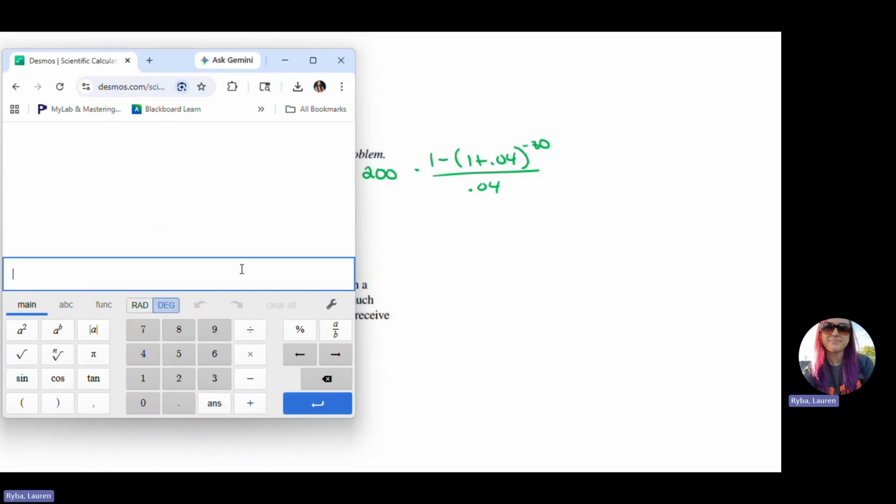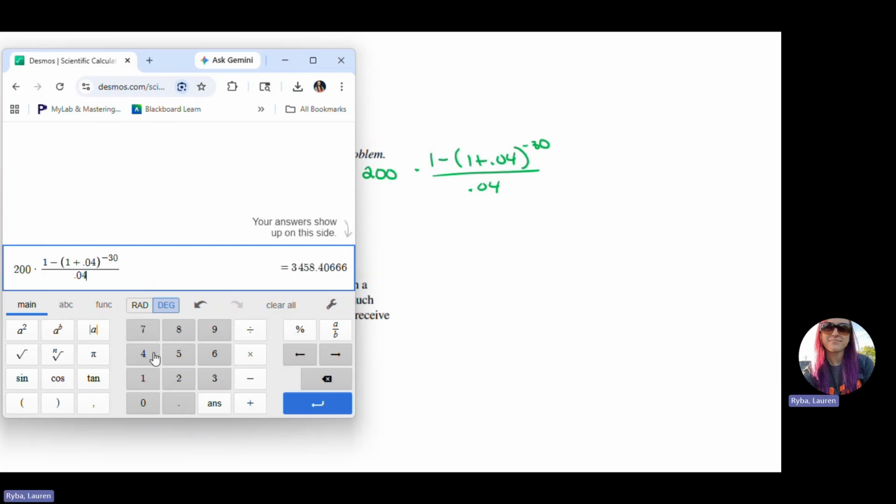So I'll grab my Desmos calculator. 200 times the fraction 1 minus open parentheses 1 plus 0.04 close parentheses raised to the negative 30 all over 0.04.